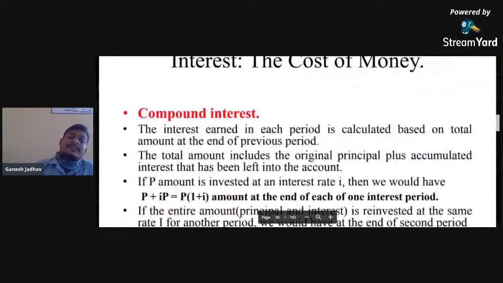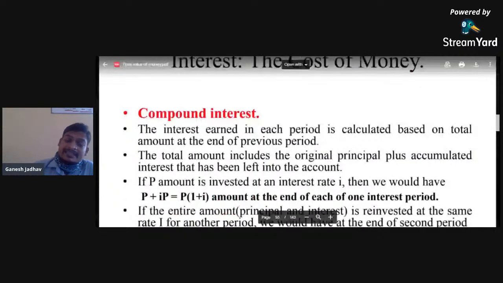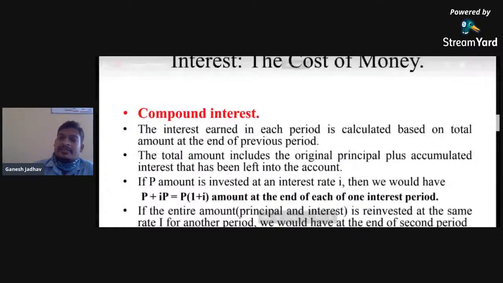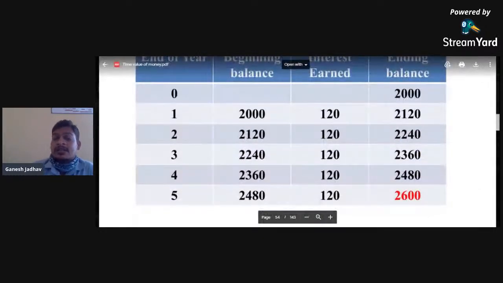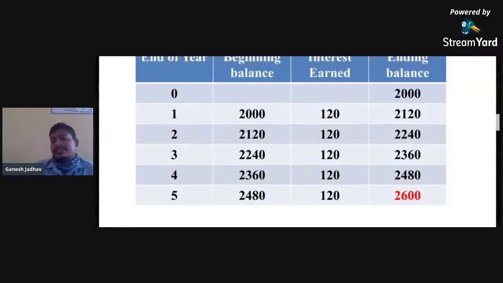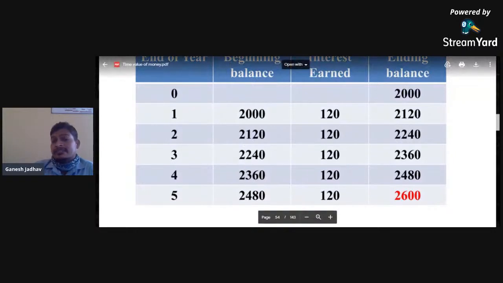So the interest earned in each period is calculated based on the total amount at the end of the previous period. We take a simple example for compound interest. Whenever the first year is completed, the ending balance is 2120. But in compound interest, the interest is calculated on this particular amount, not this amount.